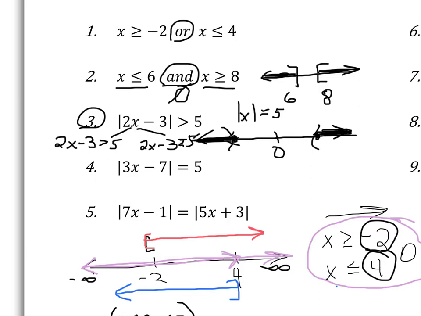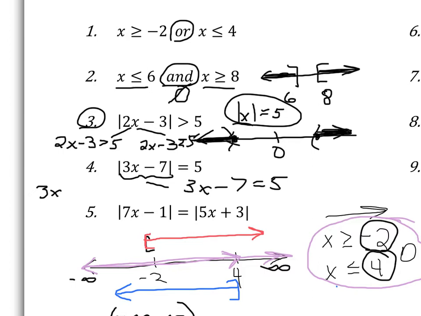Let's look at 4. 4 is where you have an absolute value equal to 5, which is what we started with in 3 when we did this. So again, you're going to have two cases where x is equal to 5 or x is equal to negative 5. In this case, it would be 3x minus 7 is equal to 5, or 3x minus 7 equals negative 5.